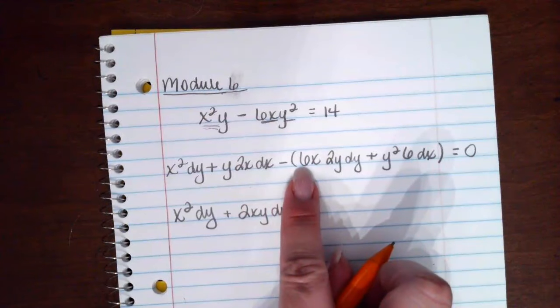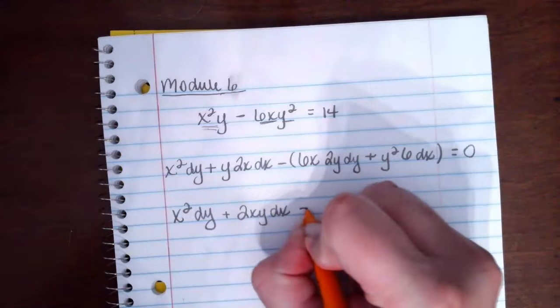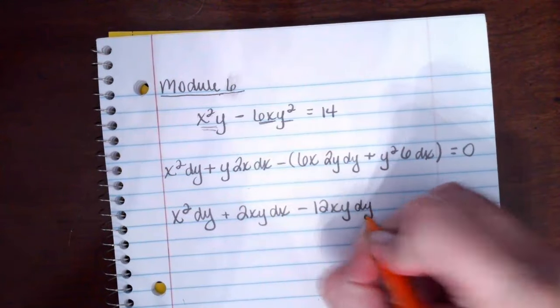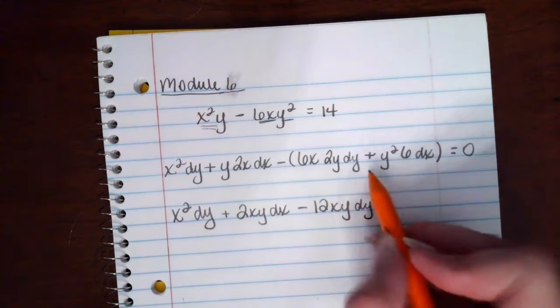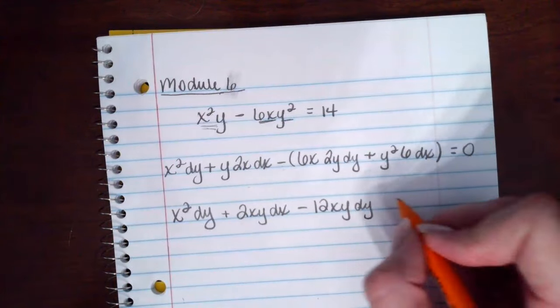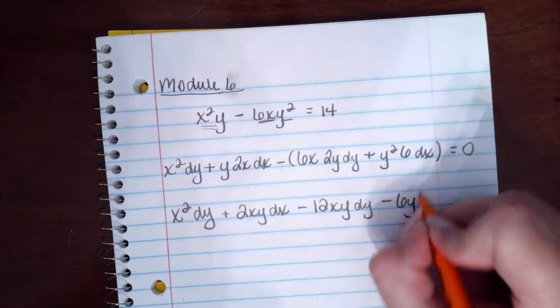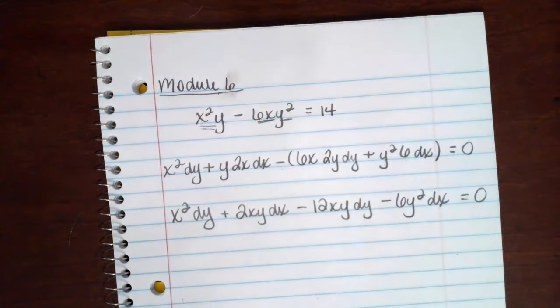So that's going to become a minus 12xy dy. Okay. And then we have the last one. I'm distributing this negative, so it's going to go negative. And that gives me a 6y squared dx equals 0. And now we decide what stays on the left and what goes to the right.